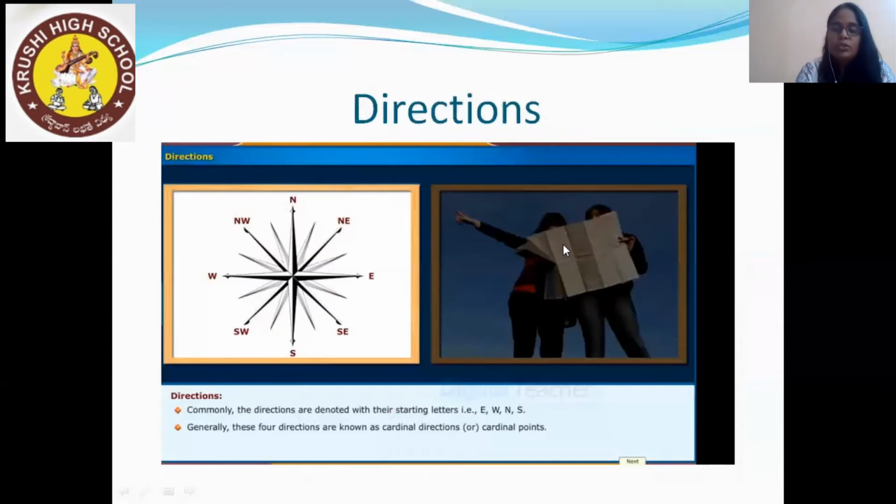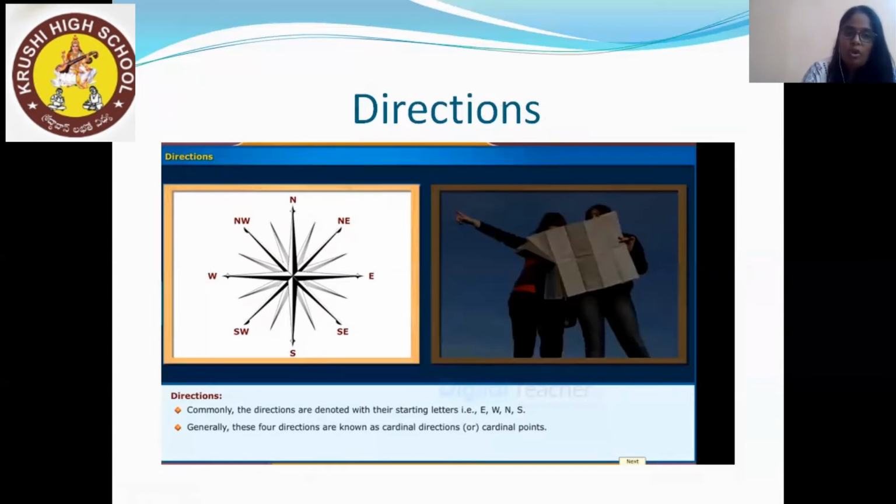Okay. So the directions. Here you can see on the picture. It's clearly given in the image. Commonly the directions are denoted with their starting letter: east, west, north and south. You can see in the image what I have shared with you. Generally, these four directions are known as the cardinal directions or the cardinal points.